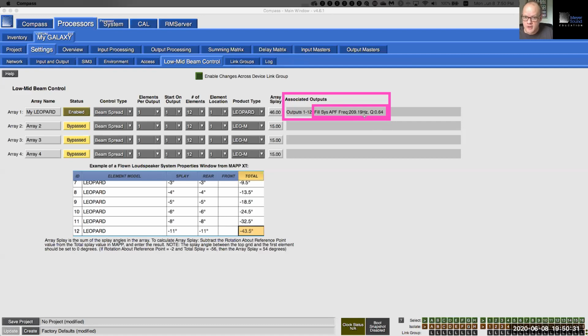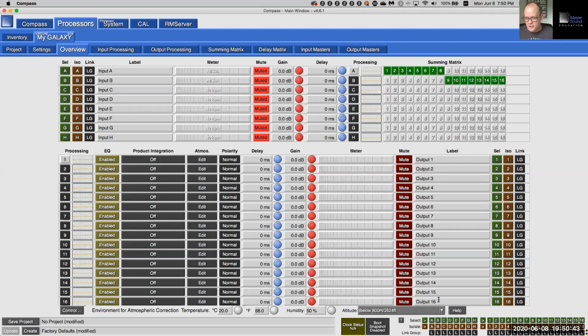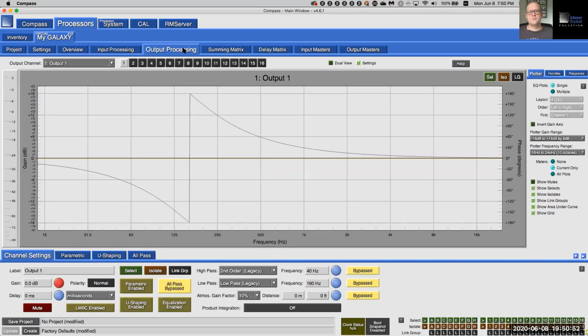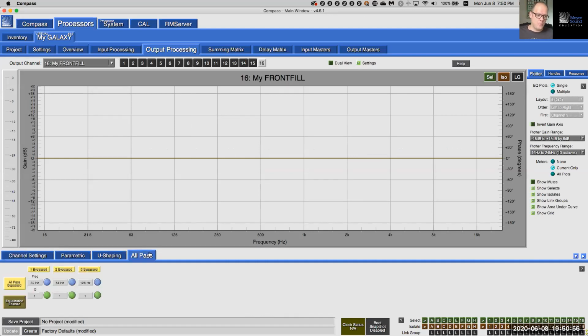So 210 hertz with a Q of 0.64. For the sake of simplicity, let's say my front fill lives at output 16. So I go to my output processing, I go to my front fill, I go to the top all pass.